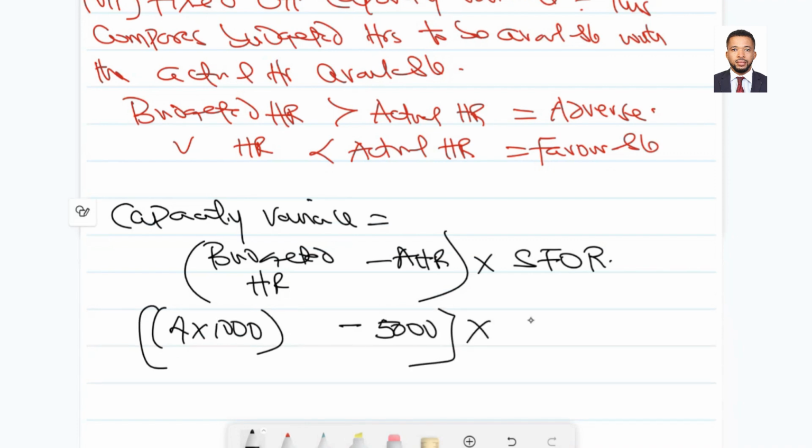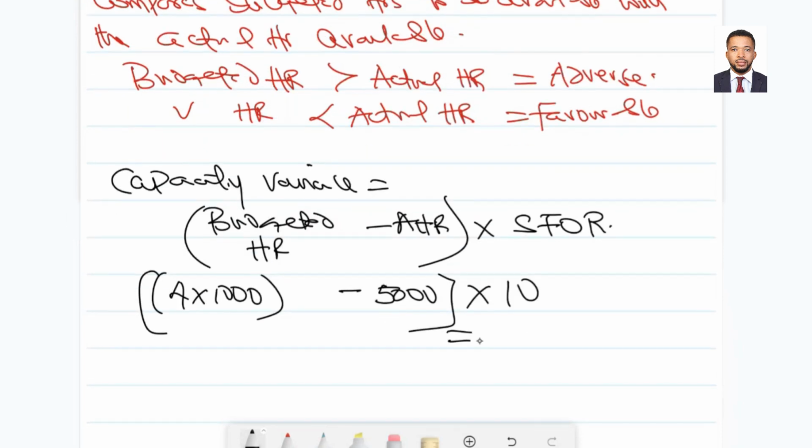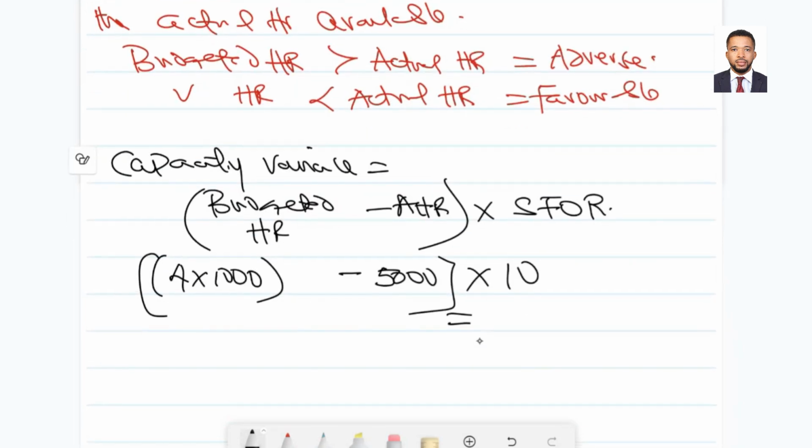Multiply by what's the standard fixed overhead rate? I think they gave us that rate also. 10 naira. What do you have? 10,000.